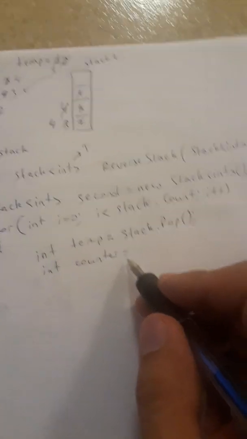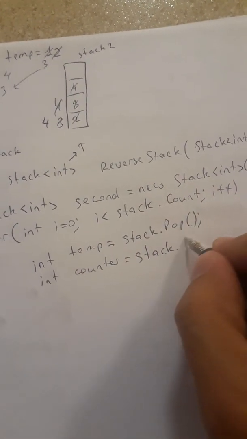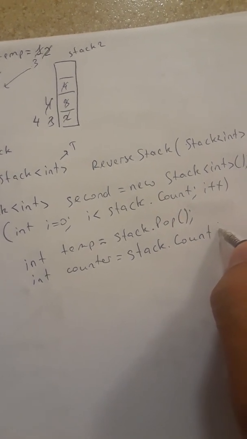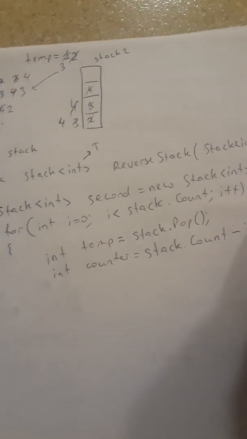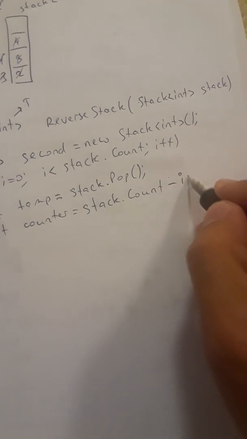So our counter will always be the number of elements in the first stack minus i, which will be incremented according to the loop.